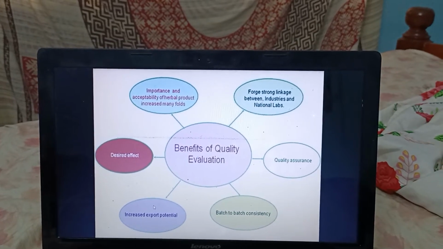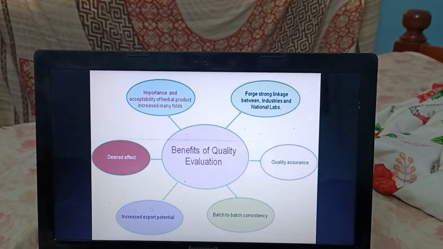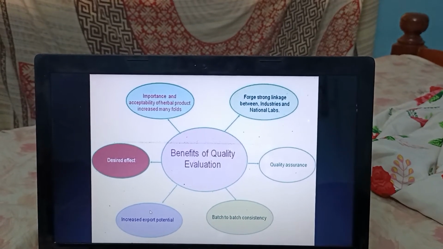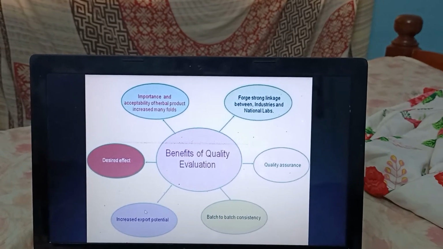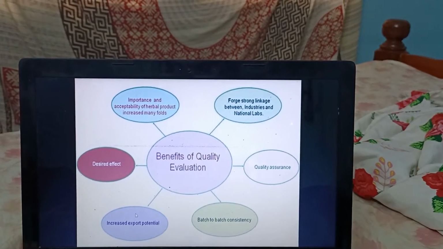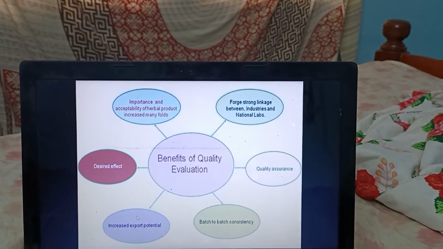Okay, then the fourth one, strong linkage between industries and national labs, and quality assurance and batch to batch consistency, increased export potential, and desired effect.